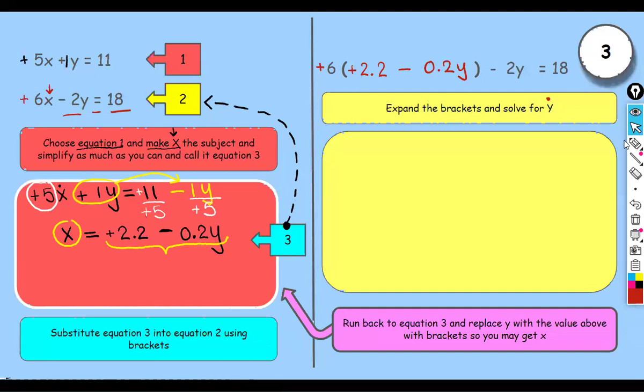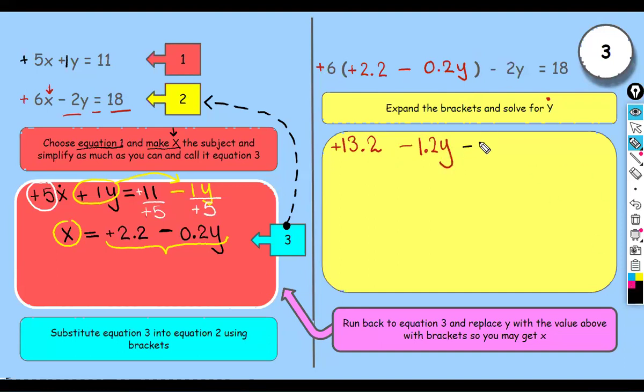All right, let's take our time here, right? Positive 6 by positive 2.2, I get positive 13.2 on my calculator. Positive 6 by negative 0.2y is negative 1.2y. And then we write back everyone else, right?